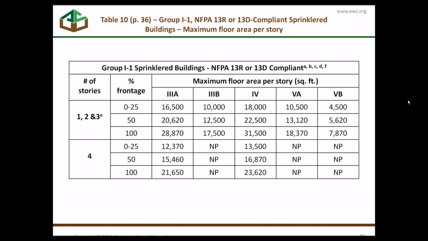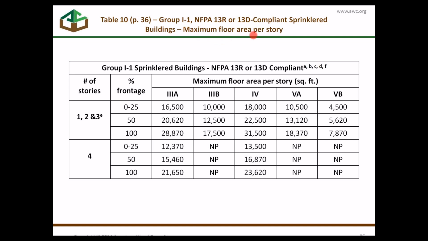Here's another table in the back. This one happens to be on page 36, and it's table 10, Group I, for instance, a nursing home. This one makes reference to something other than a full 13 system.